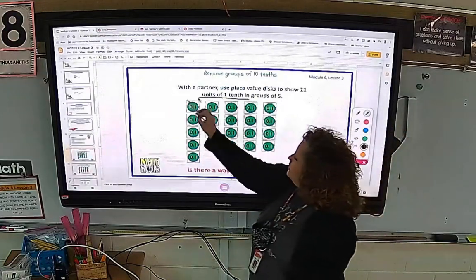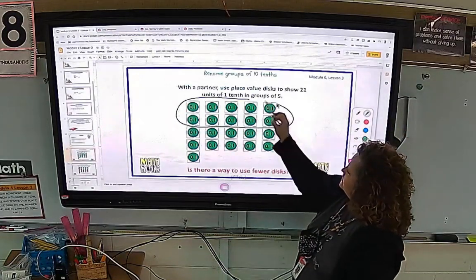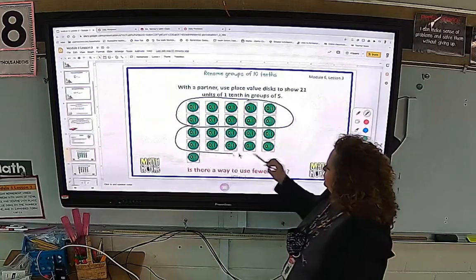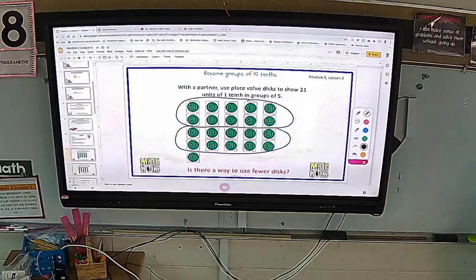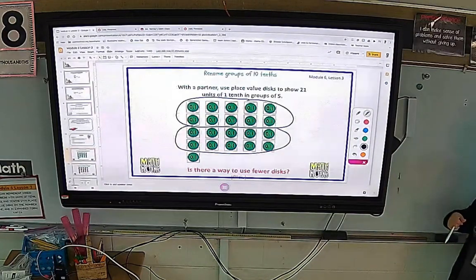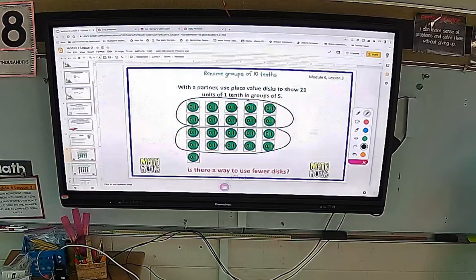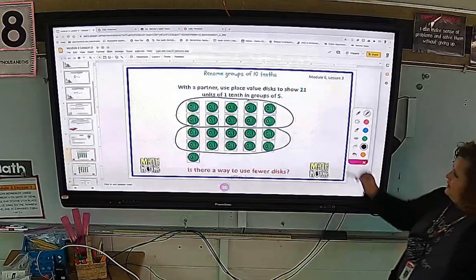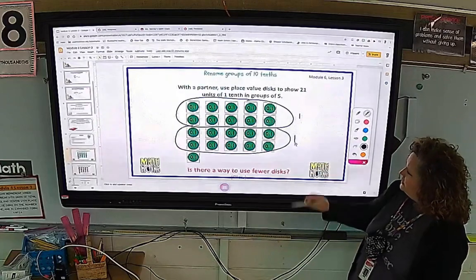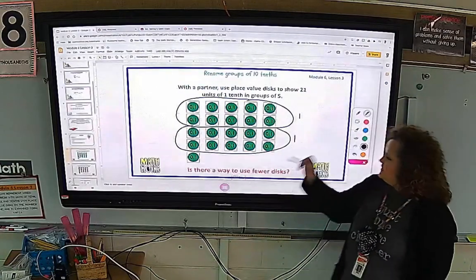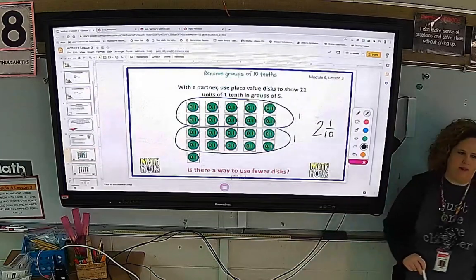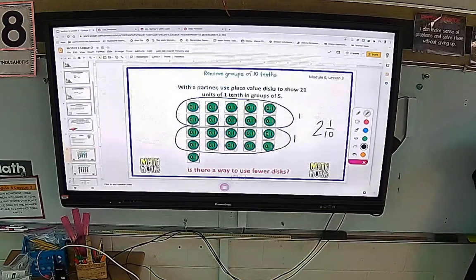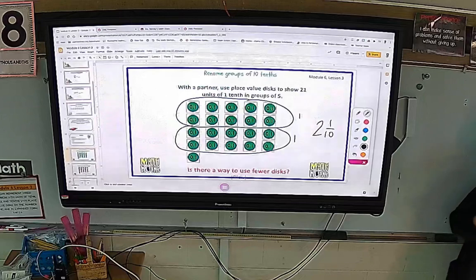So if these are all tenths, I can take these two groups of 10 and replace them, couldn't I? Each of those groups of 10 is worth how much, Brandon? 2 wholes, right? So 1 whole right here, 1 whole right here, that's 2, and then the 1/10 that's left over. So 2 and 1/10, how would I write that as a decimal? 2.1. Okay.